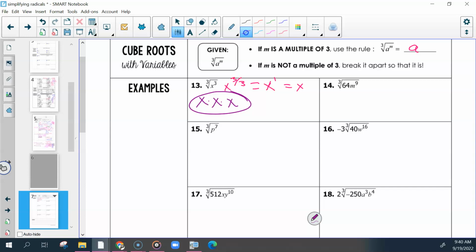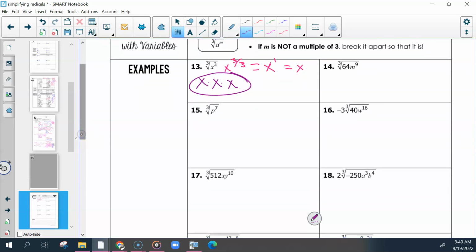Let's do 16. I'm going to do the perfect cube method first, and then if we want to go back and see the factor tree, we can. Think about your perfect cubes, write them off to the side if you need them again, or on top, whatever. What is the highest perfect cube we can divide 40 by?